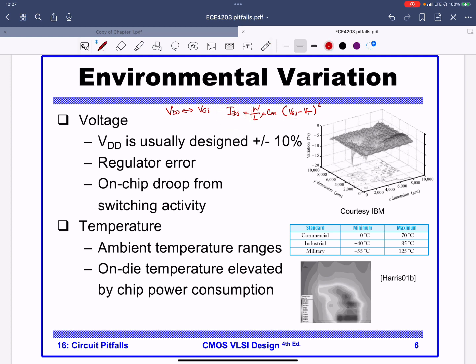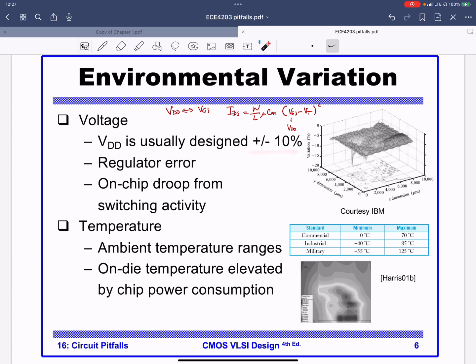So this is equal to VDD in a CMOS logic transistor. So you can imagine if I have a plus or minus 10% variation, the highest VDD compared to the lowest VDD might be as much as 20% different. That would give me a significantly different current. So in those transistors, that means a significantly different speed of operation.